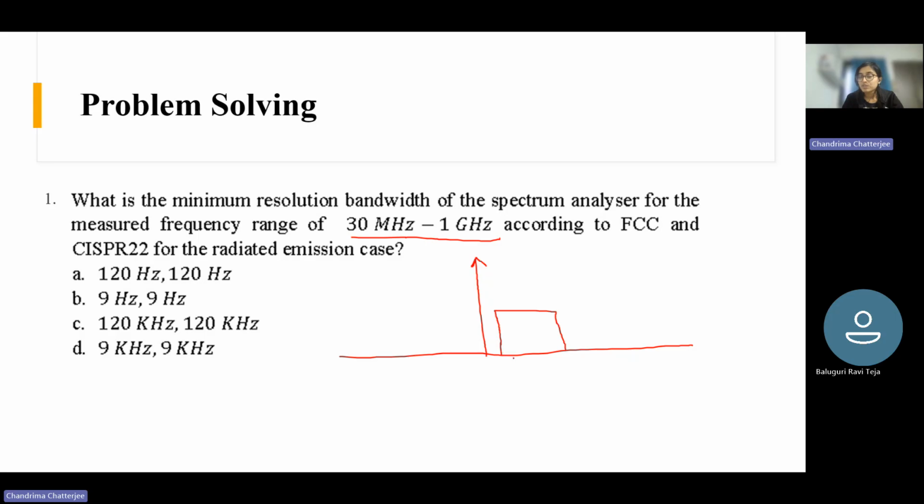Now you make the window narrower and you can distinguish all the components more precisely. So suppose you have one component, let's say F1, right? And then you have a component here.